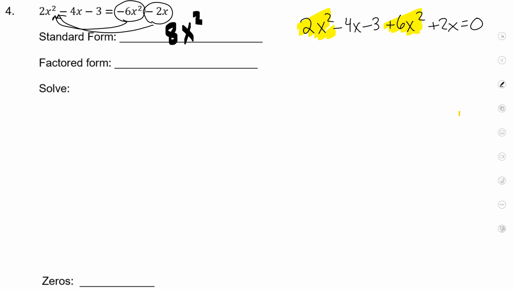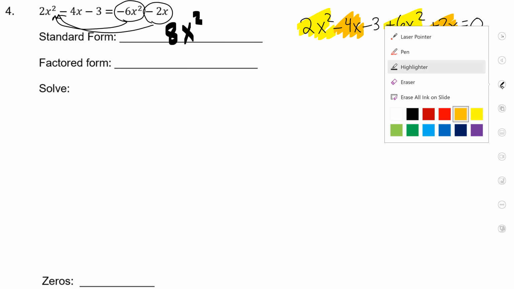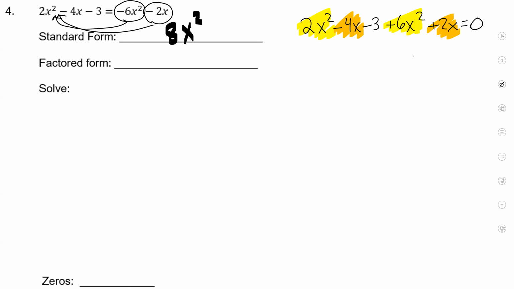Next, negative 4x plus 2x. That is minus 2x. And then I have a negative 3. So this is standard form.